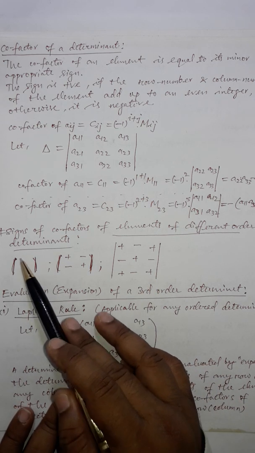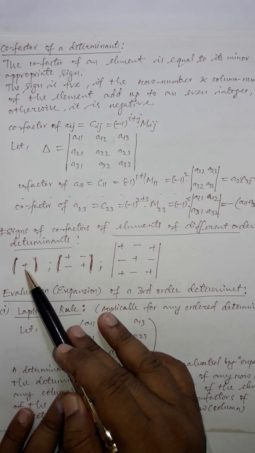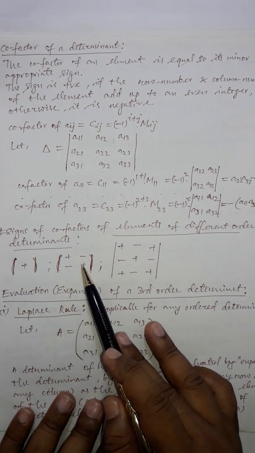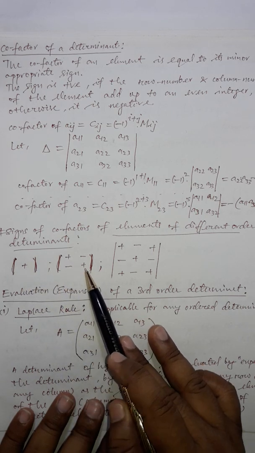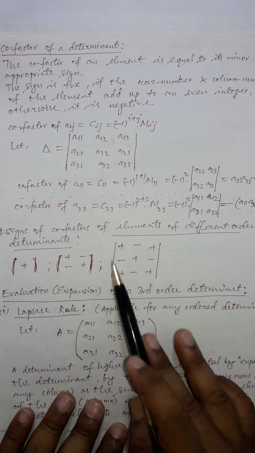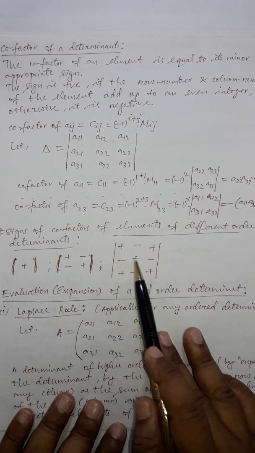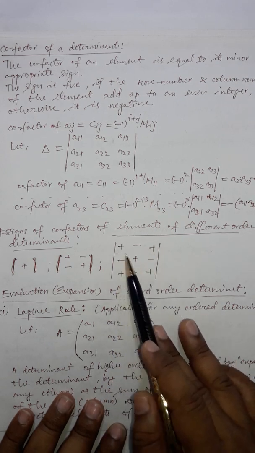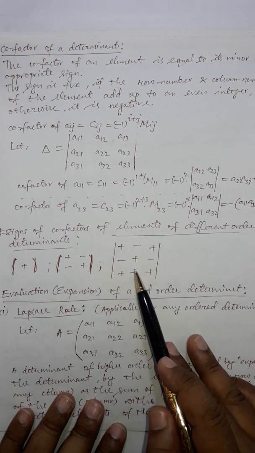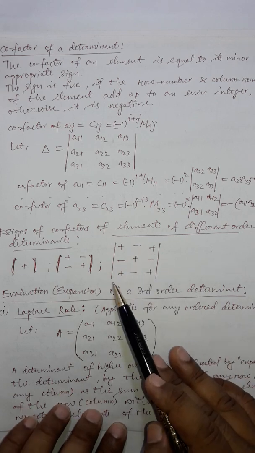A first order determinant has only a positive sign for its cofactor, and for second order, the left diagonal will be positive, right diagonal will be negative. And third order, which is important, here you can see the diagonal elements, the signs of their cofactors outside the minor will be all positive, and non diagonals are negative, they carry negative signs.